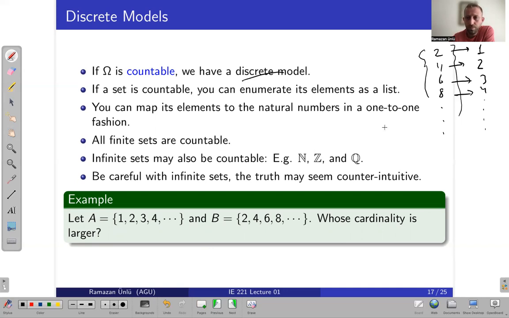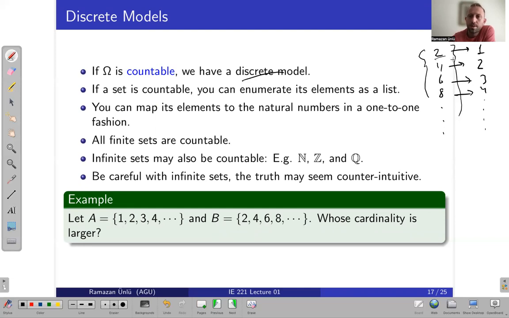So if you can count all the elements of the set, if it's finite, I can say that it's countable. Infinite sets may also be countable. In our example, let's say the even numbers go infinite, but even if it goes infinitely, you can still enumerate them, right?